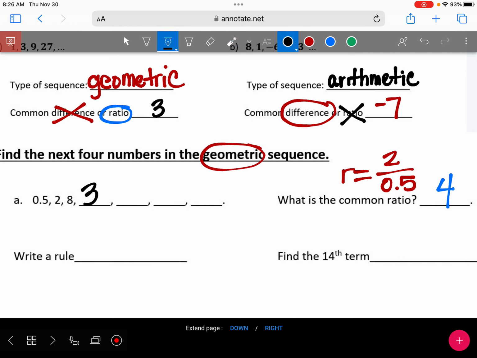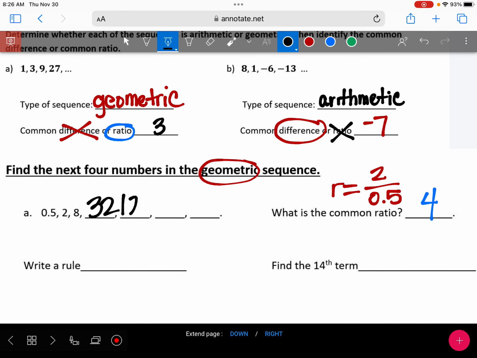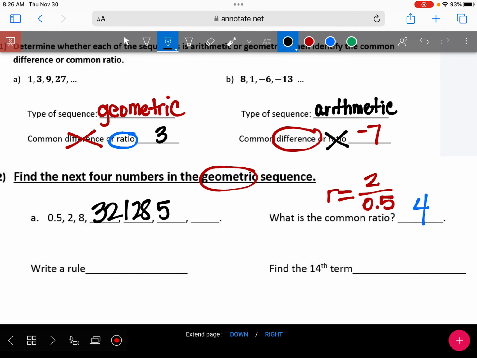Eight times 4 is 32. 32 times 4 is 128. 128 times 4 is 512. And then 512 times 4 is 2048.